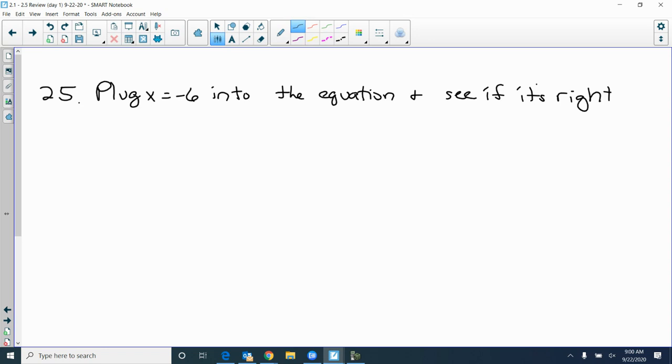So you have to show me this. 4x plus 12 equals 7x minus 6. Take x equals -6 and plug it in for each one.